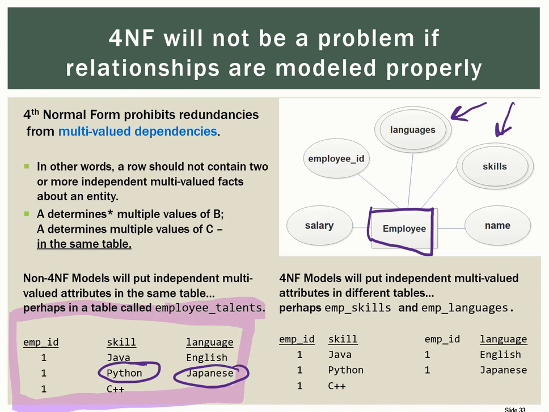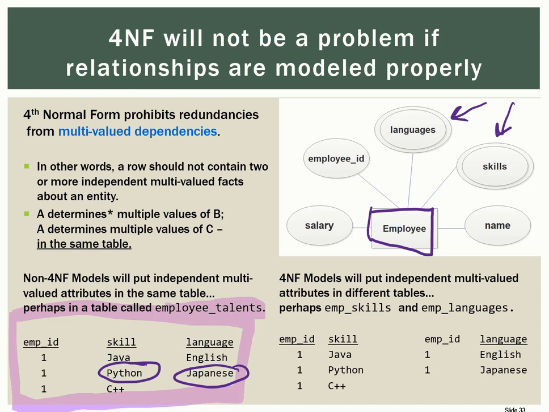Having Python and Japanese in the same row implies there's a connection between them. Worst of all, if you tried to query for an employee who knew English and Python, you'd have to write the query in a very particular way. So fourth normal form is not good to violate.